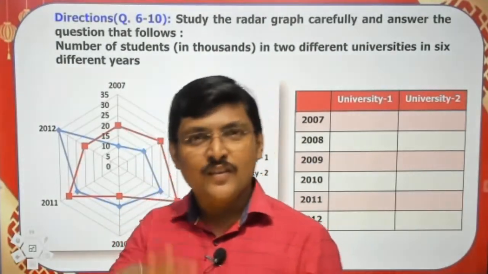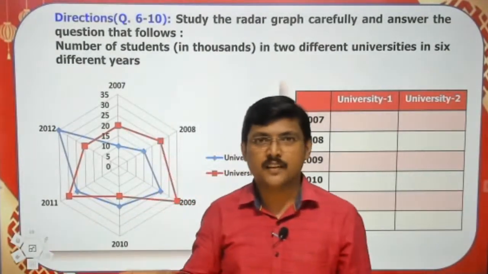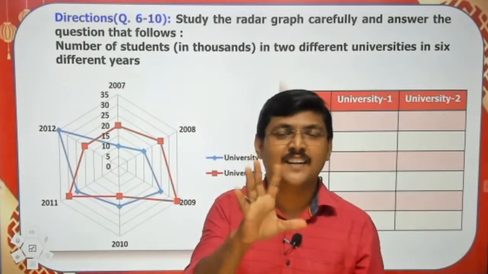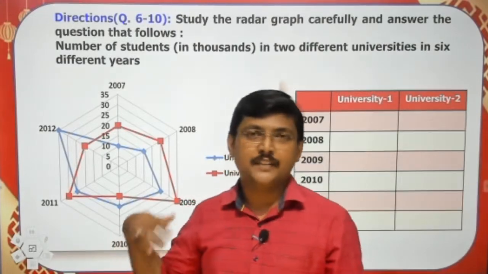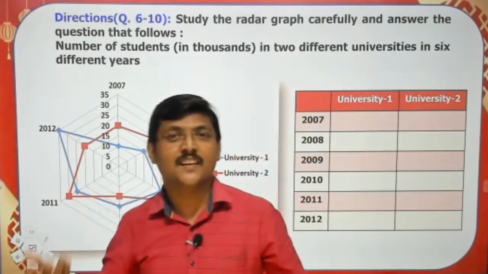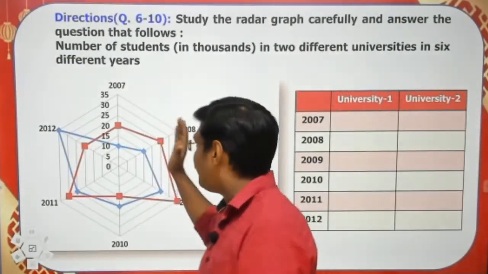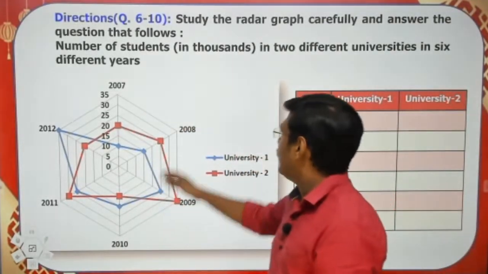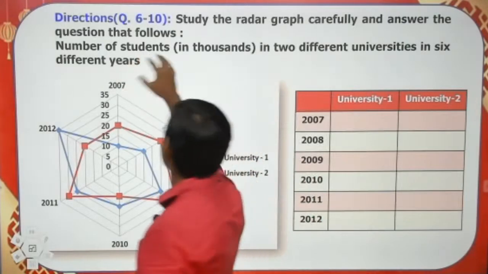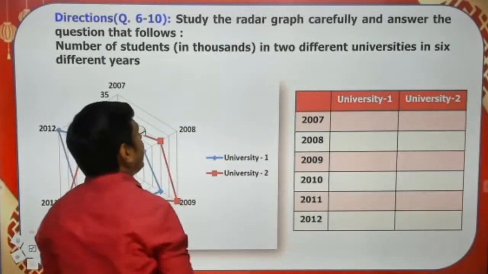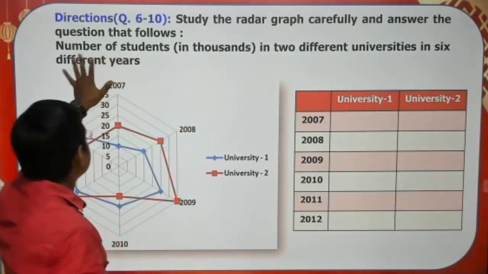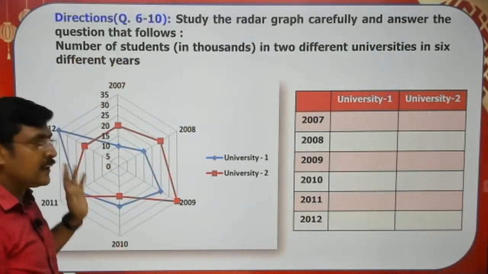Polygons means closed, sided figures. The smallest one is triangle, next quadrilateral, after that pentagon, hexagon, heptagon, octagon, nonagon, decagon, like that, right? And this is hexagon, 6-sided, right? So as you can see here, 2 universities are there, number of students in thousands, that's very very important, clearly given, in 2 different universities in 6 different years, right?